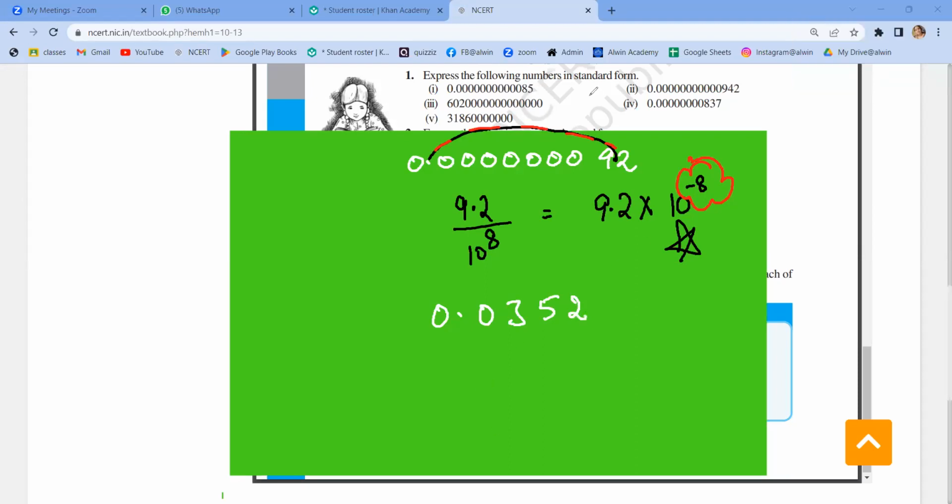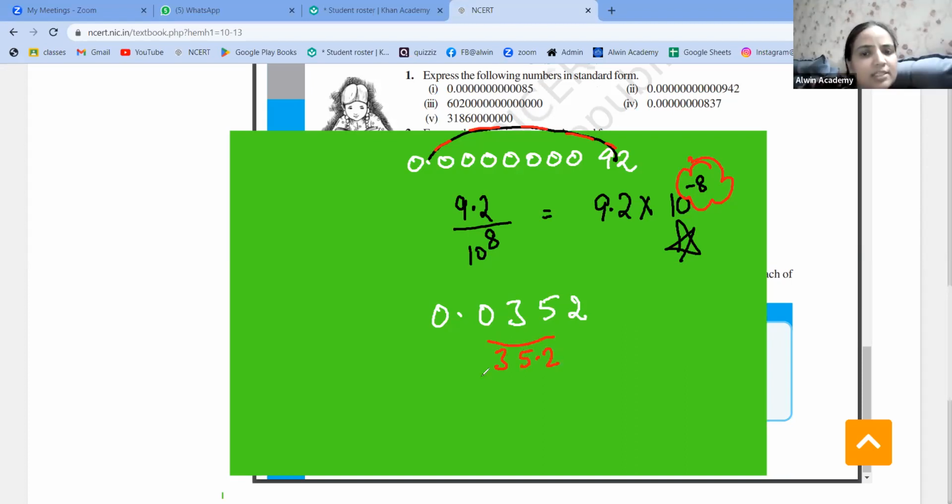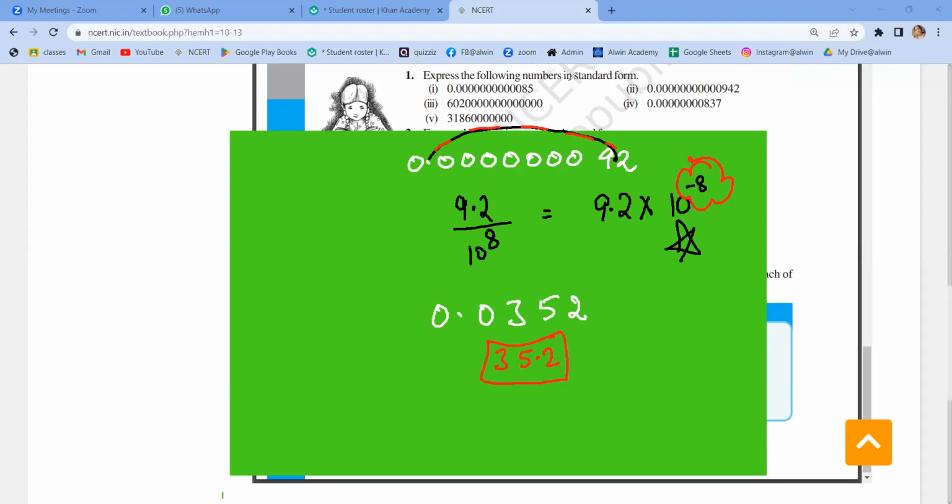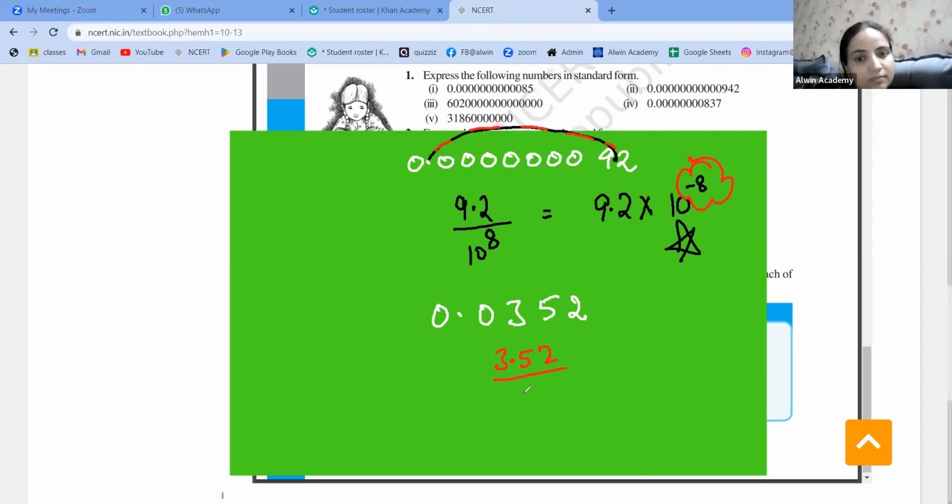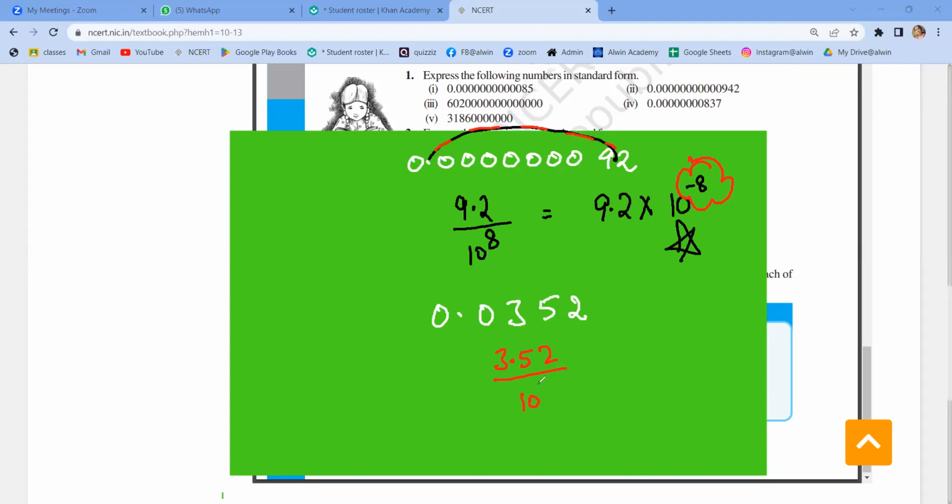Sridhar, you tell me the answer. Yes, ma'am, I tried. Ma'am, first it will be 35.2. Is this your k? Acha, 3.52, by 10 to the power 2.